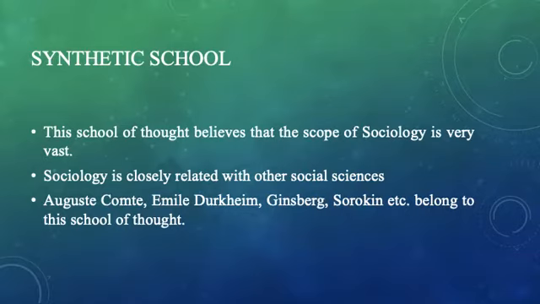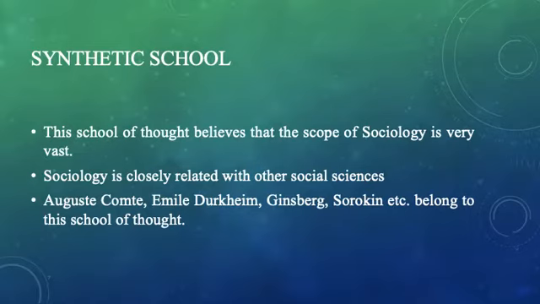When it comes to Emile Durkheim, we can give the example that he said the scope of sociology can be divided into three divisions: social morphology, social physiology, and general sociology.